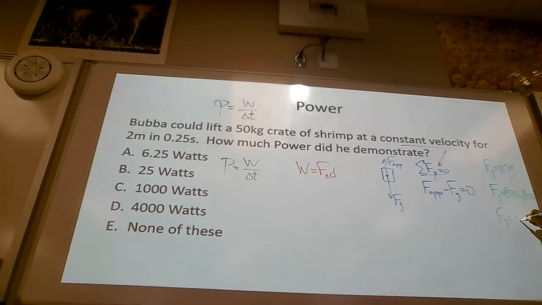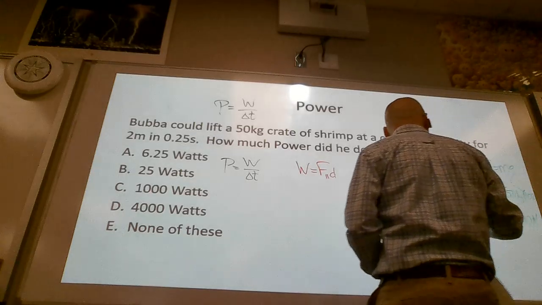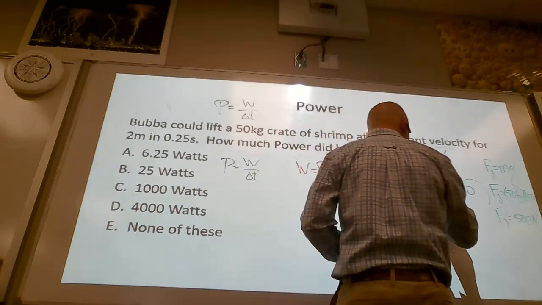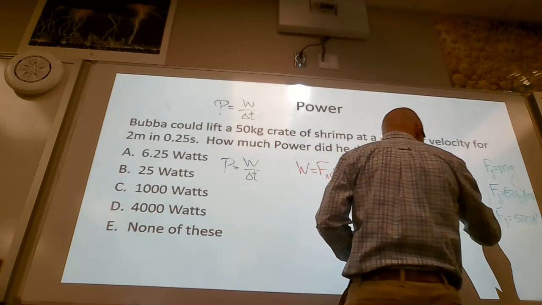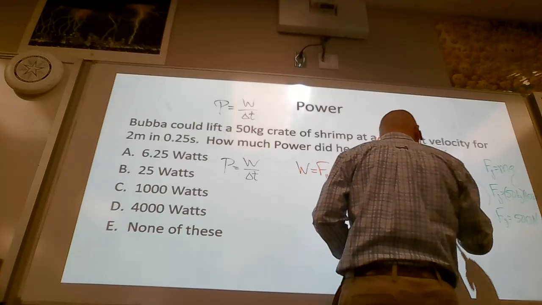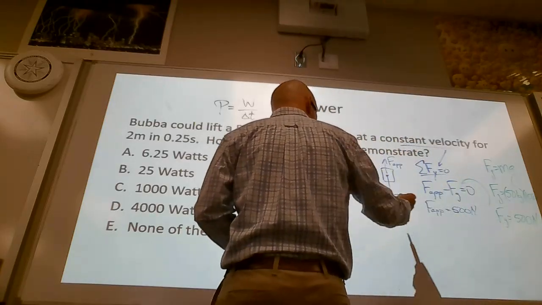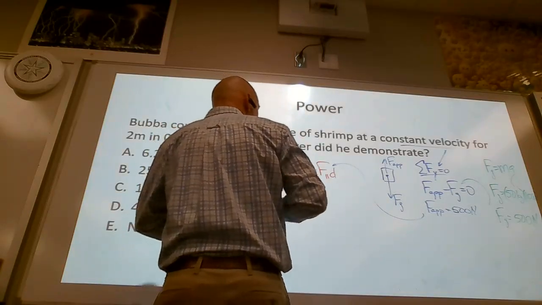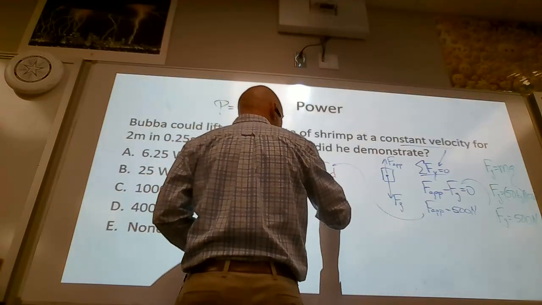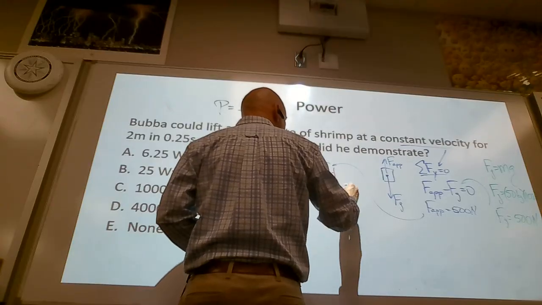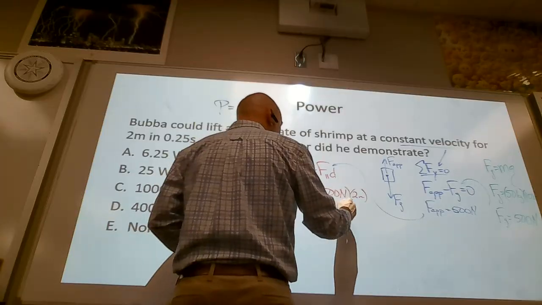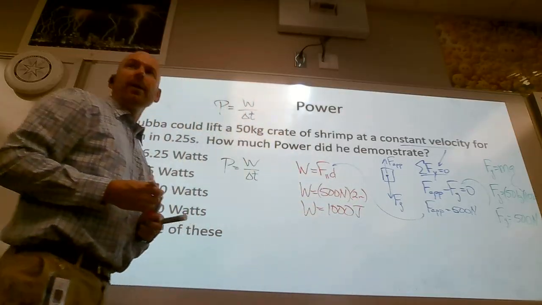So force of gravity is roughly 500. Stick that in there. So we have applied force is also equal to 500. So work is equal to 500 newtons times distance of 2 meters. So work is equal to 1,000 joules.